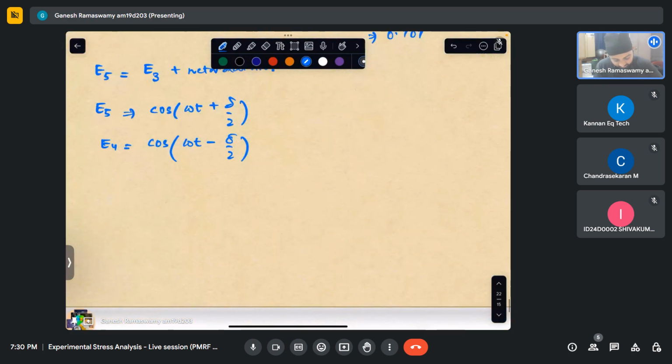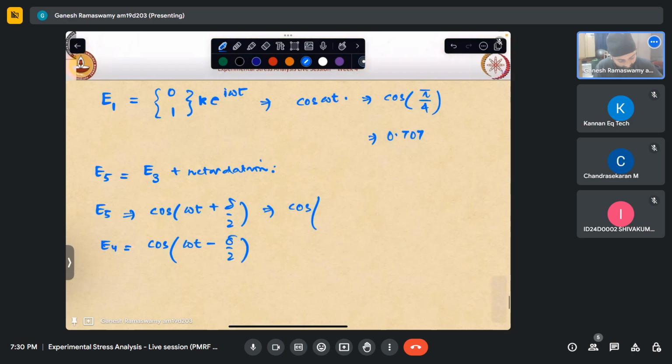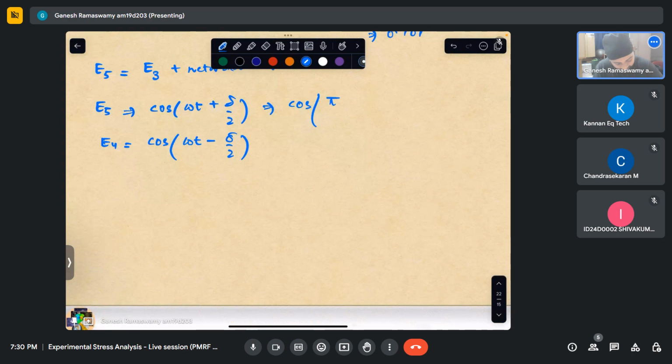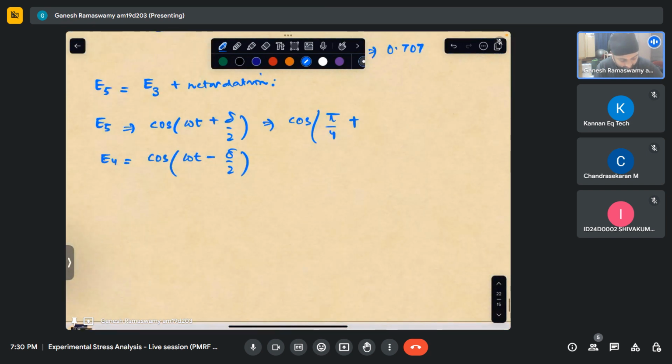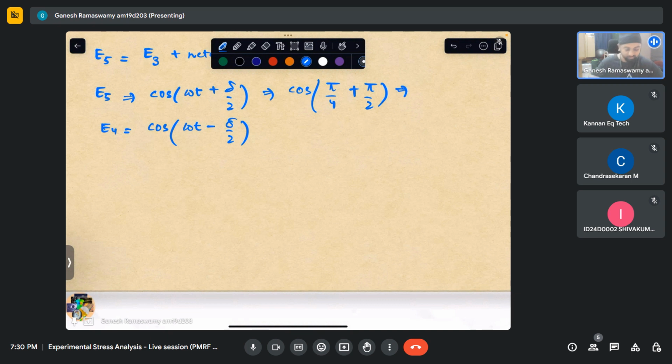So this comes to cos of omega t is pi by 4 plus delta by 2. Delta is pi, so this is delta by 2. So what does this come out to be? Pi by 4 plus pi by 2, cos of answer. So this comes out to be minus 0.707.